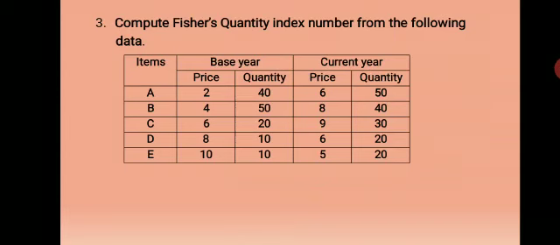Then we have the third question: compute Fisher's quantity index number from the following data. Here the base year price and base year quantity are given, and also the current year price and current year quantity are given.